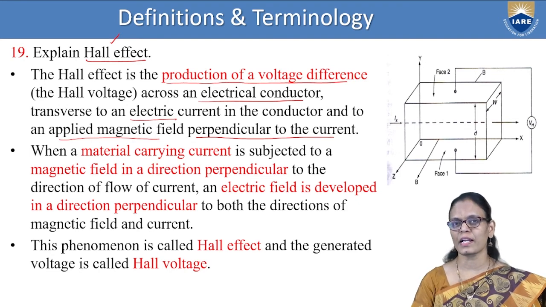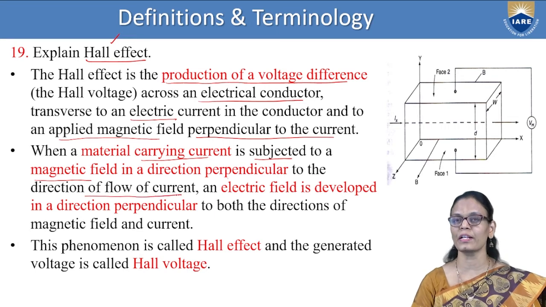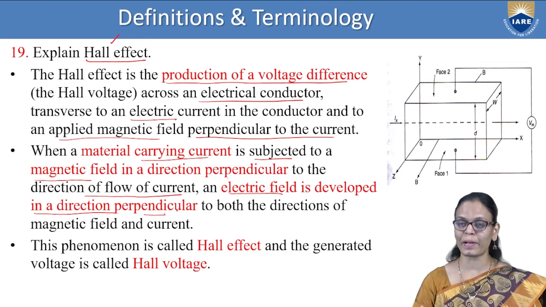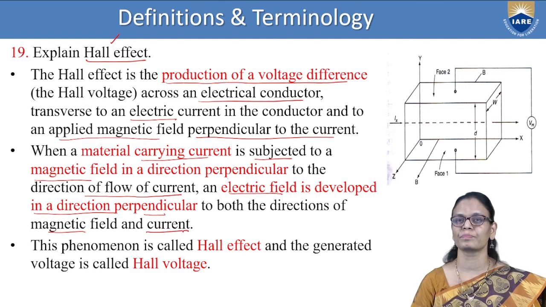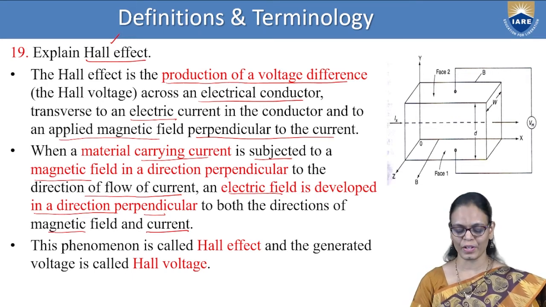So what we understand here is, when we take a material which is carrying current and it is subjected to a magnetic field in a direction perpendicular to the flow of current, an electric field is developed in a direction which is perpendicular to both the electric field and the magnetic field. So let us try to understand it with this. Otherwise it is very complex. It's a very complex sentence.